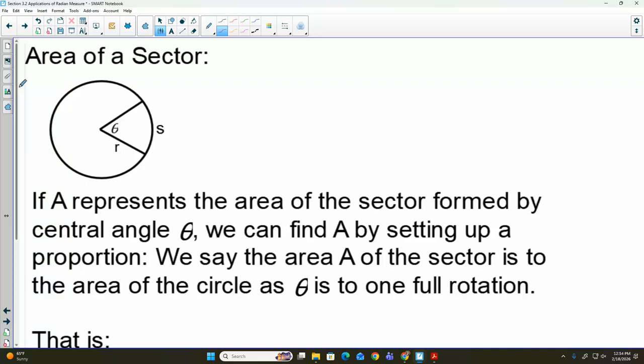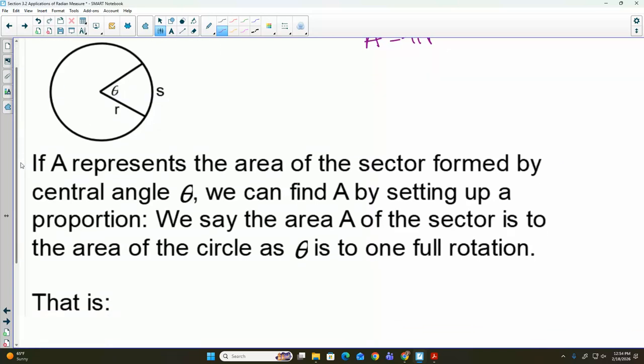To do that, you have to think about your actual area of a circle. We know for an entire circle, area is pi times the radius squared. So a sector is a portion of it. So we could think of it as a proportion.